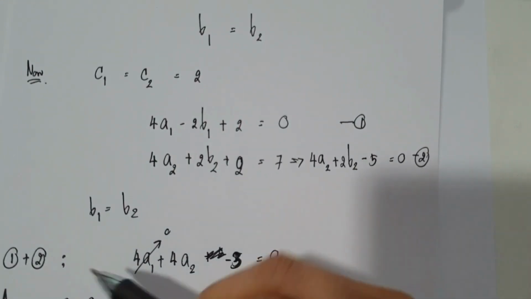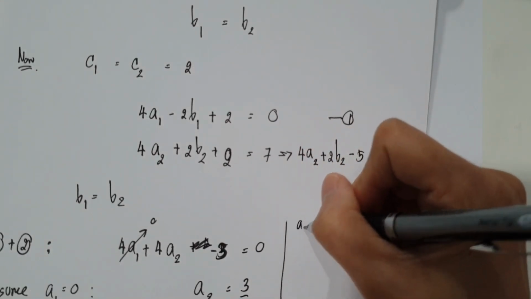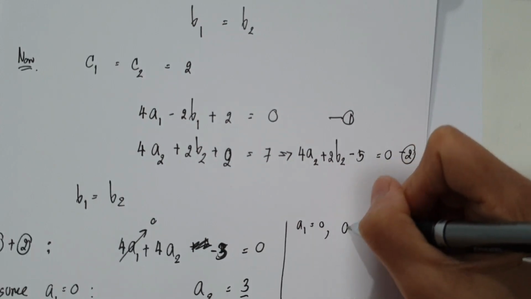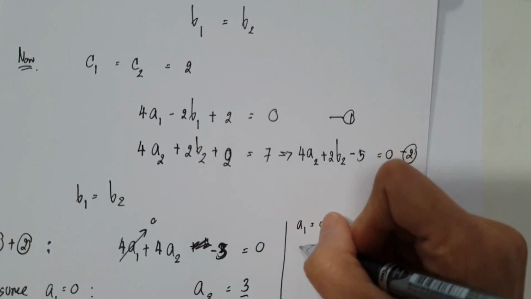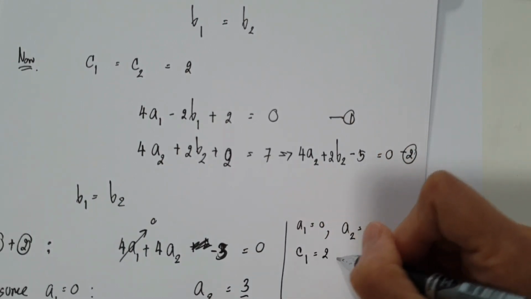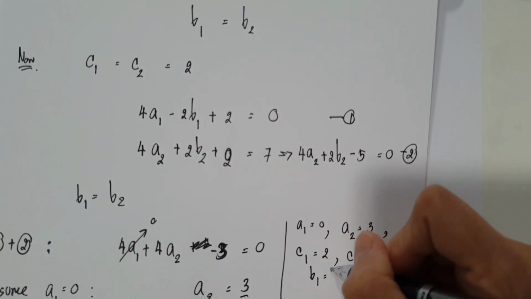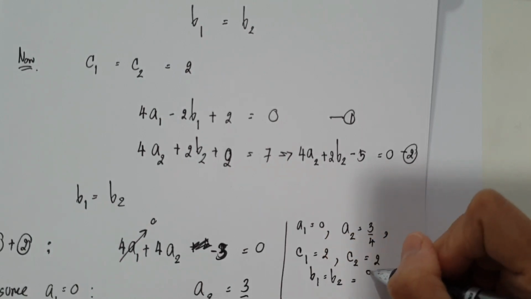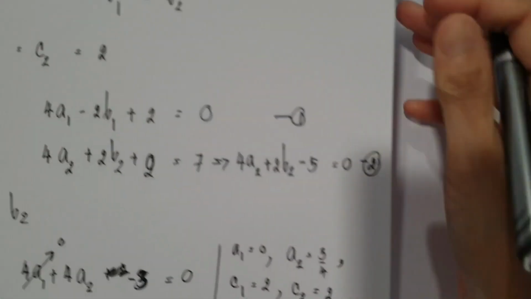So if you assume that a1 equal to 0, you get a2 equal to 3 over 4, and you already derived at the beginning that c1 equal to 2, c2 equal to 2, and b1 equal to b2, but you don't know yet how much it is. So we are going to solve for b1 or b2.